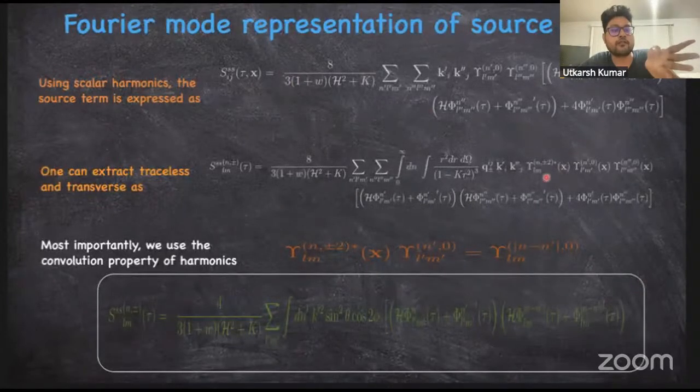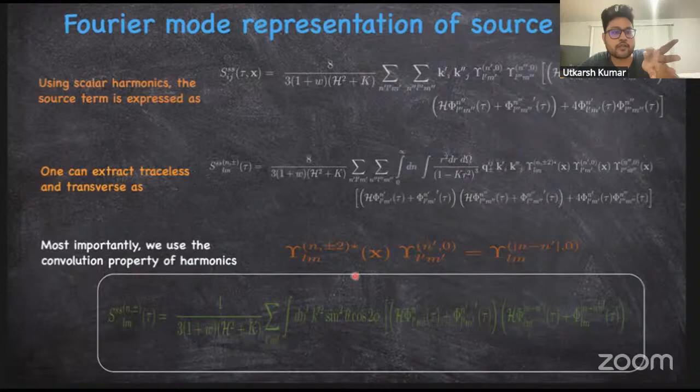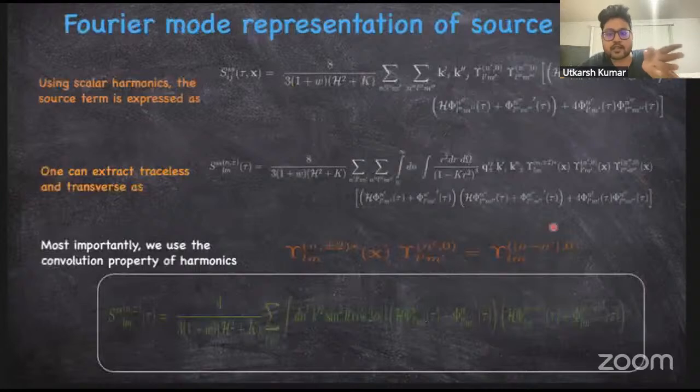So we operate the projection operator over this source, and we get the following result. Finally, we also use the correlation property of the harmonics, given as follows. This property can be extracted from the definition of the harmonics to give the final form of the source as follows.